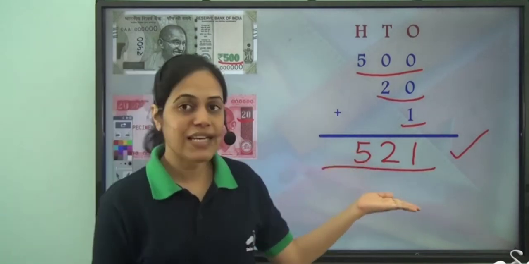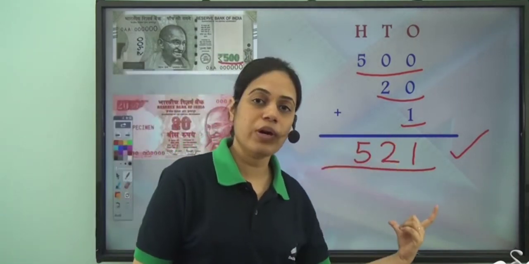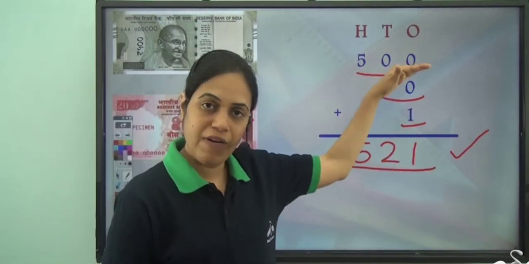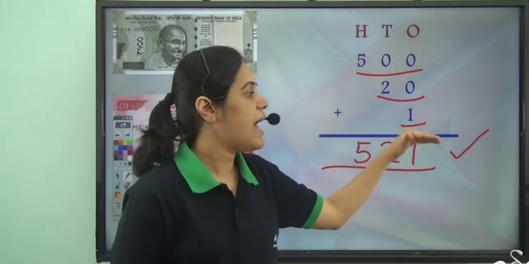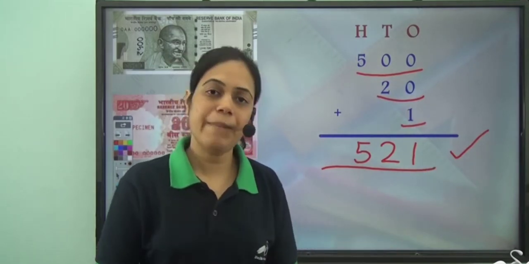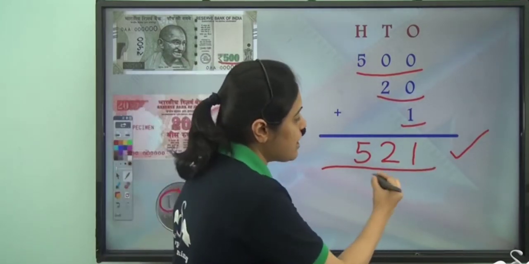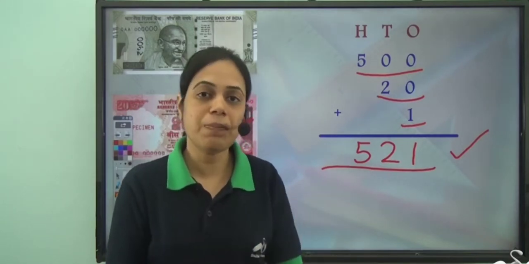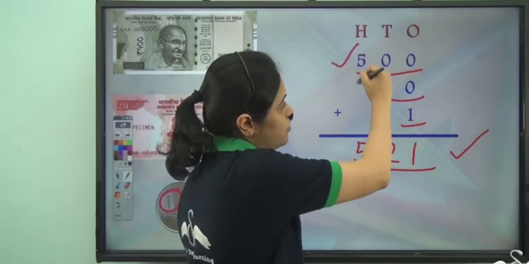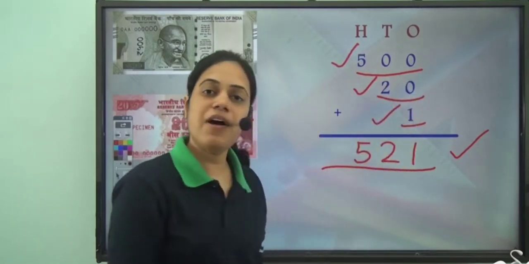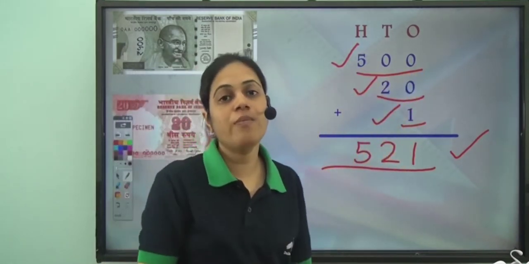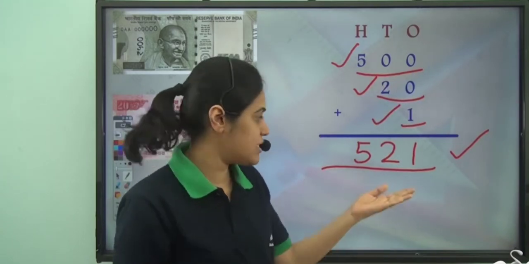Now what she has done is, she has broken this number into three parts, 500, 20 and 1, and made the payment. So this number was divided into three parts, 500, 20 and 1. Now 500 shows how many hundreds are there in this number.